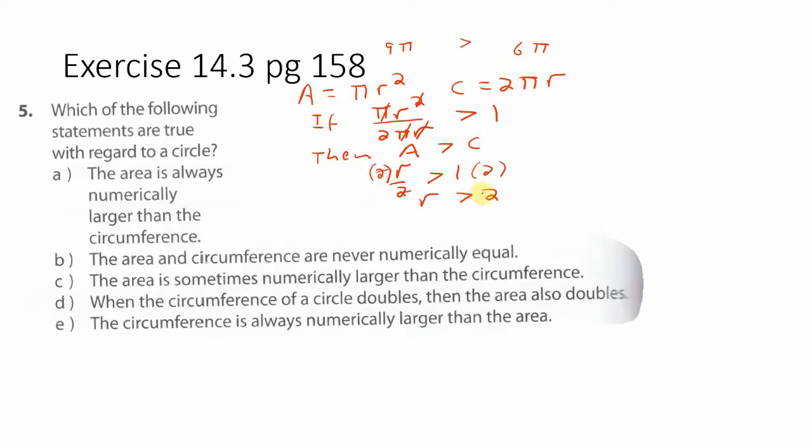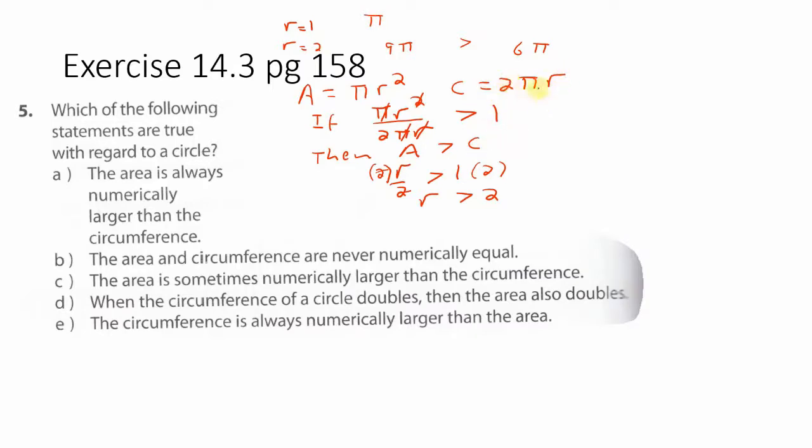Now let's take something smaller than 2. Let's say the radius is 1. Now the opposite should result. Let's test. So we have 1 squared times pi, which is simply pi. Let's look at the circumference.